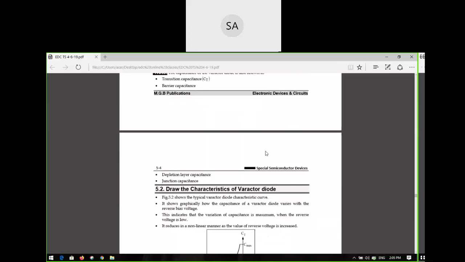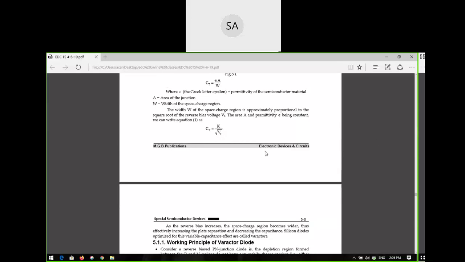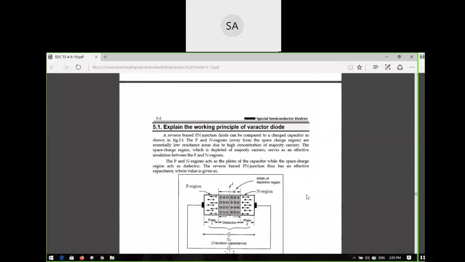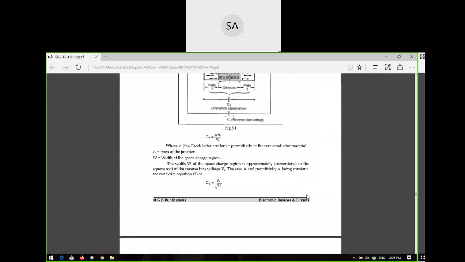Yes, sir. So what is the varactor diode, or varicap, or variable capacitor? Tell me, anyone.